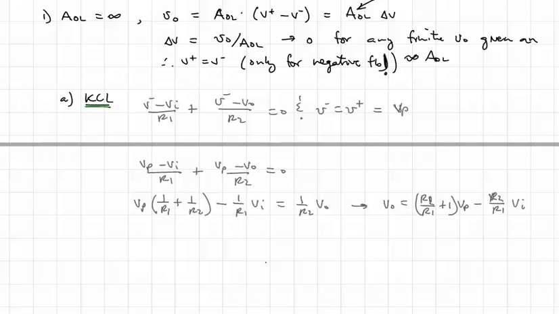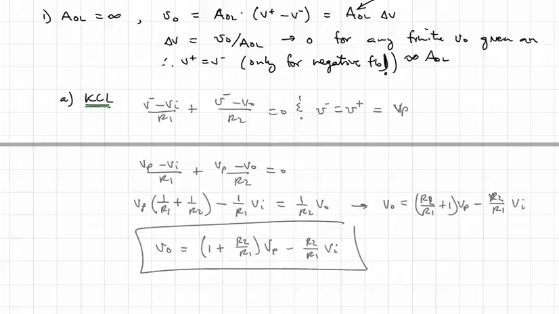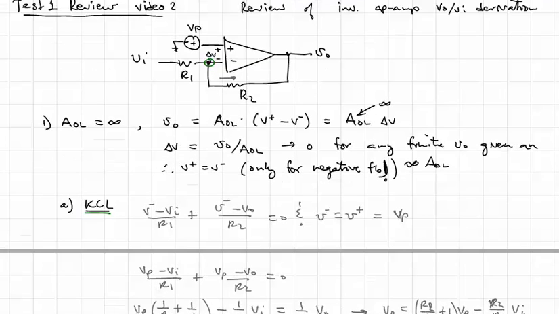I'll rewrite it one more time as, well, that is the formula you use: R1 plus R2 over R1 times VP minus R2 over R1 VI.